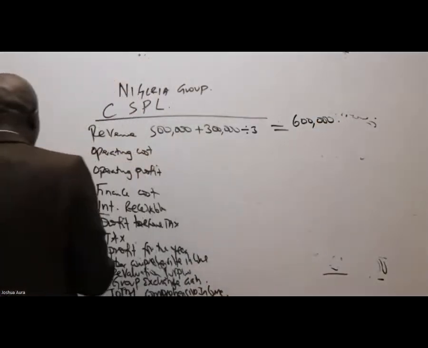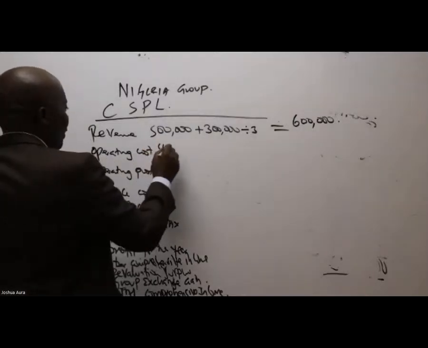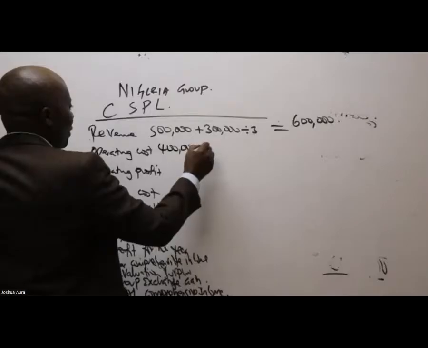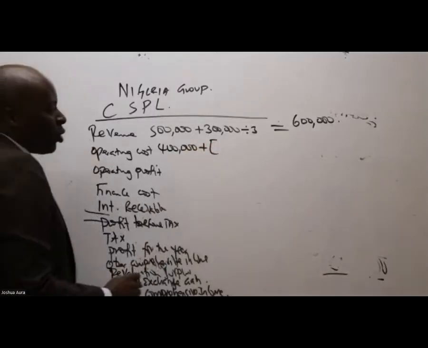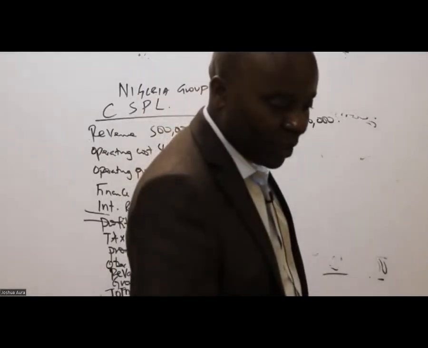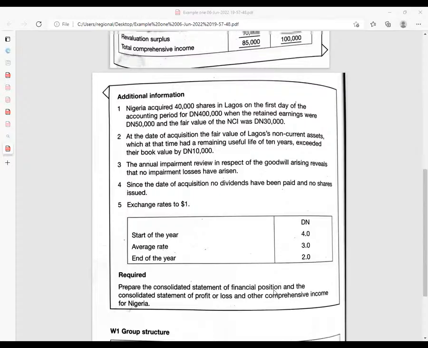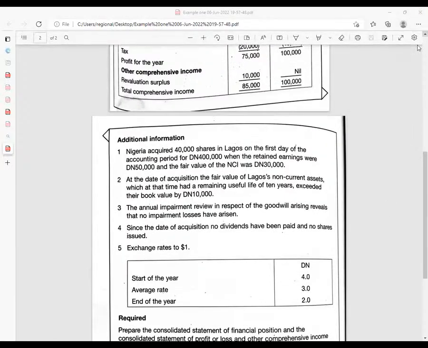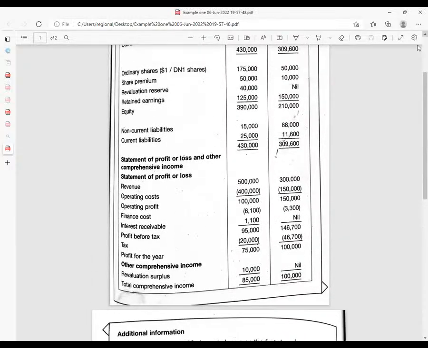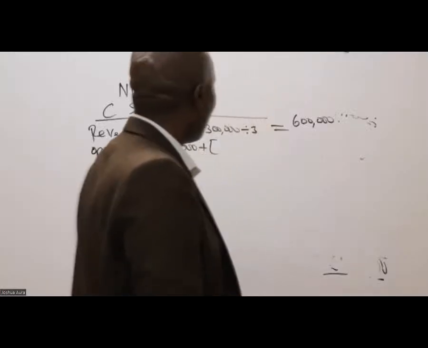And then we have, ladies and gentlemen, operating cost. So operating cost, what do I see there? I will take 400,000 plus operating cost of the subsidiary. They have given you here, the operating cost of the subsidiary is 150,000 DNs.